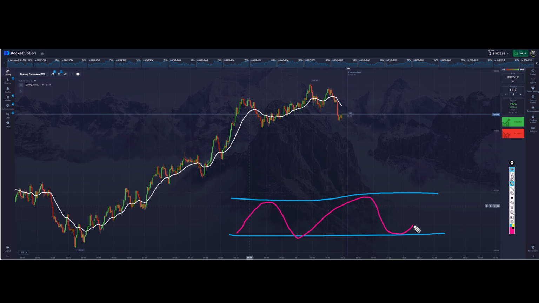If we break out the top, this is the first leg. So once prices break out of a range, the first leg is the trend. It's the first trend leg.